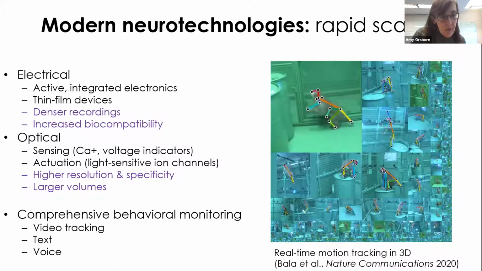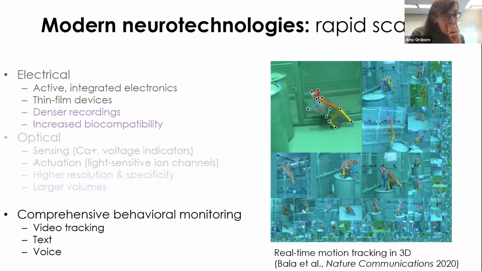Those are just a couple examples of electrical and optical approaches. There's all sorts of other really cool sensors that have come out of the Brain Initiative, but I'm focusing on those because that's the main thing that I and Maria work on.